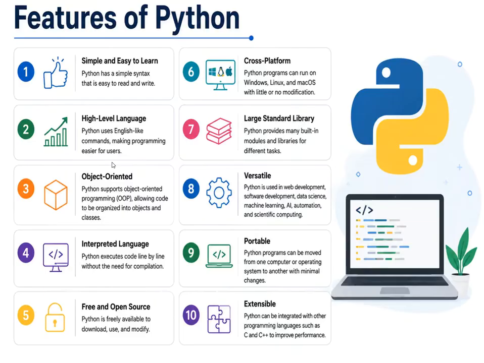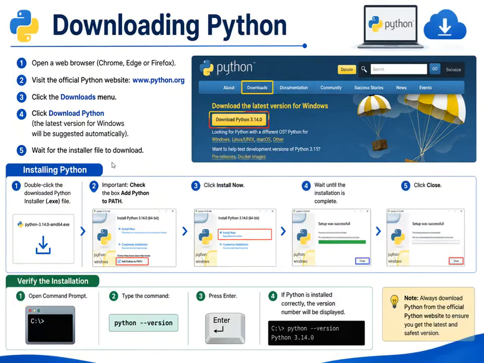It can run on Windows, Linux, and Mac operating systems; it is a cross-platform language. Python offers a number of inbuilt features. It has got a big library. It's portable, versatile, and extensible. These are the features that Python has.